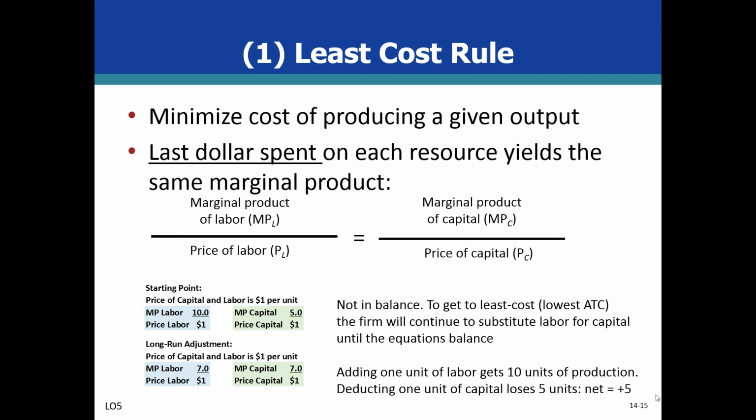And if you were given a situation of a starting point with this type of information in it, you would at least be able, without doing the math, to determine what is the lowest cost approach in terms of the mix of capital and labor, and you would do that knowing that the definition requires that the two equations be equal.